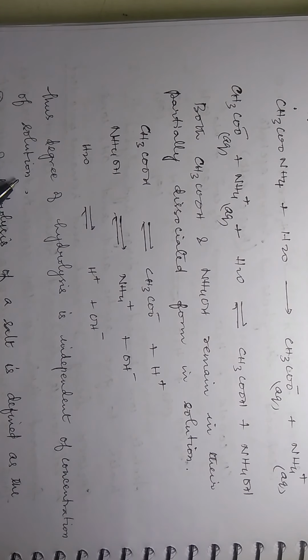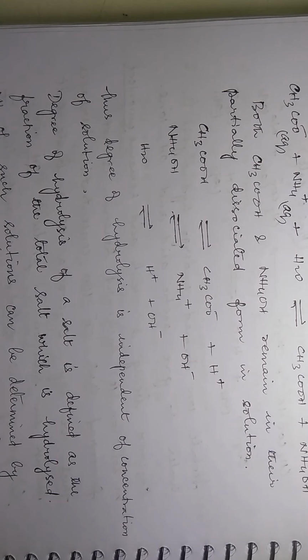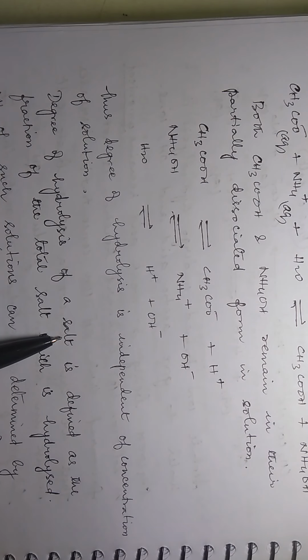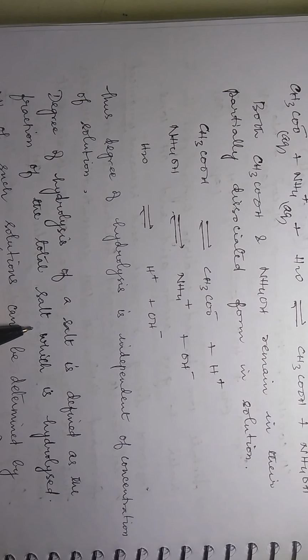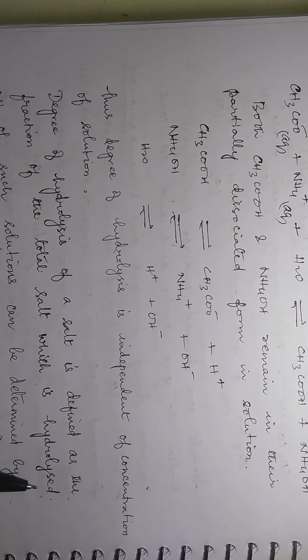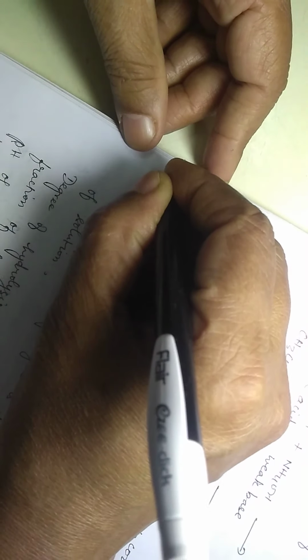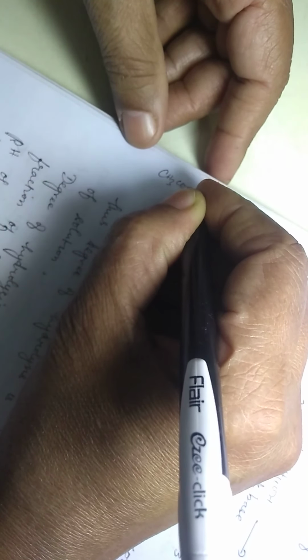What is this degree of hydrolysis? Degree of hydrolysis of a salt is defined as the fraction of the total salt which is hydrolyzed. Like in the case of acetic acid, try to recollect your memory. Dissociation of weak acid हमने देखा था.